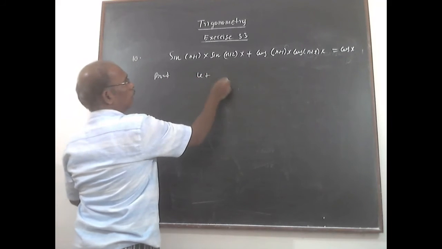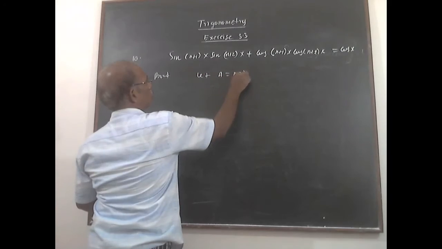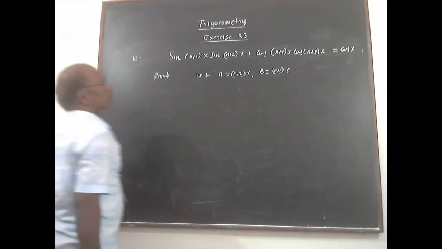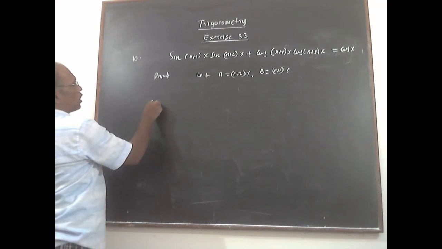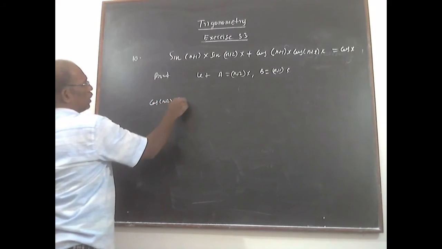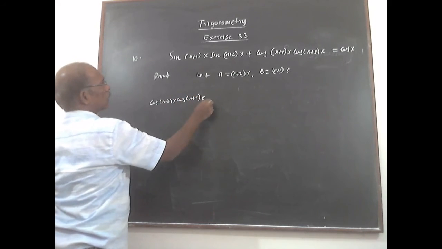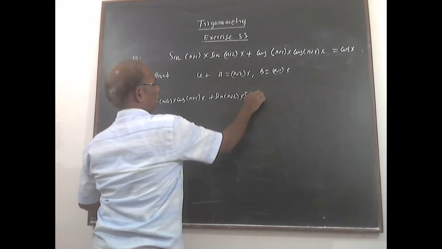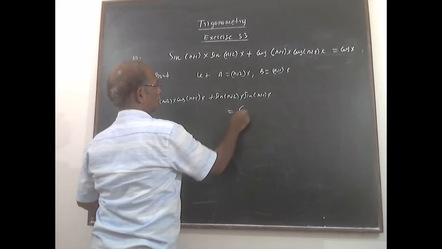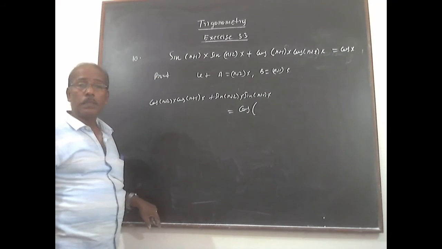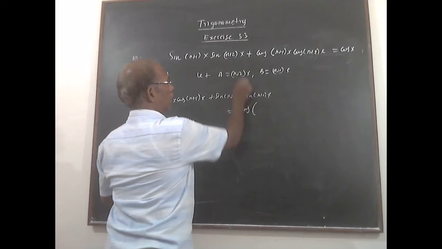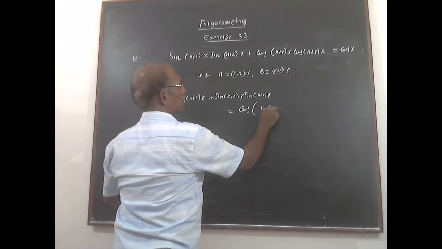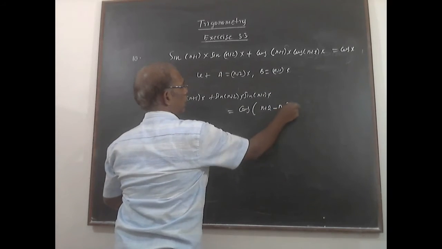Let us take angle A as (n plus 2)x and B as (n plus 1)x. Then cos of (n plus 2)x into cos of (n plus 1)x plus sine of (n plus 2)x into sine of (n plus 1)x is equal to cos of A minus B. A is (n plus 2)x, minus (n plus 1)x.